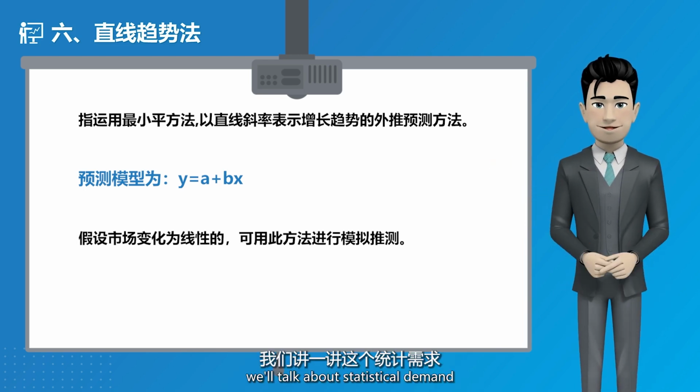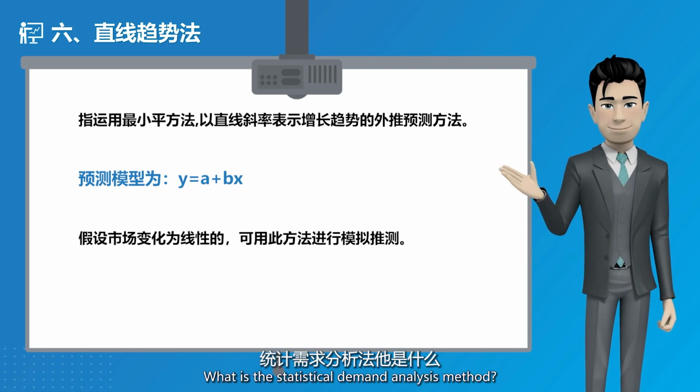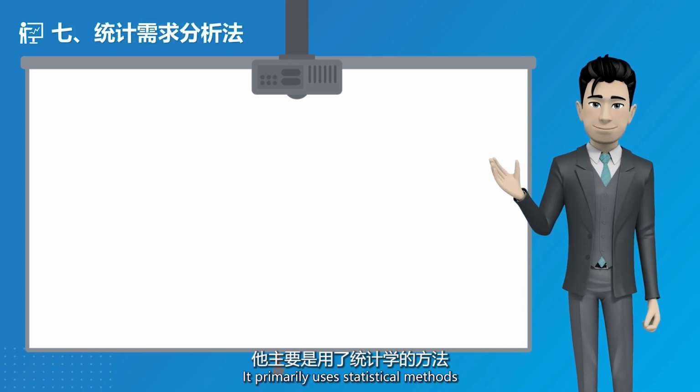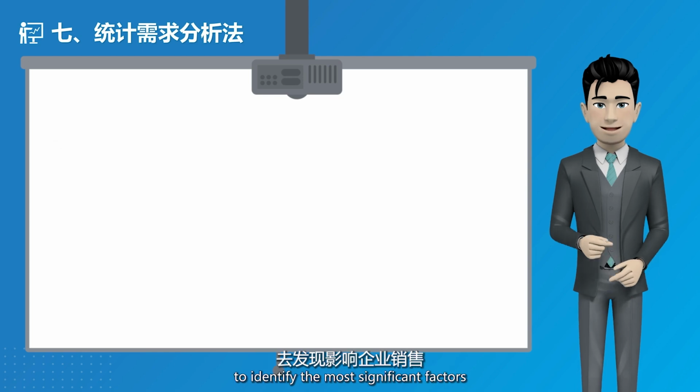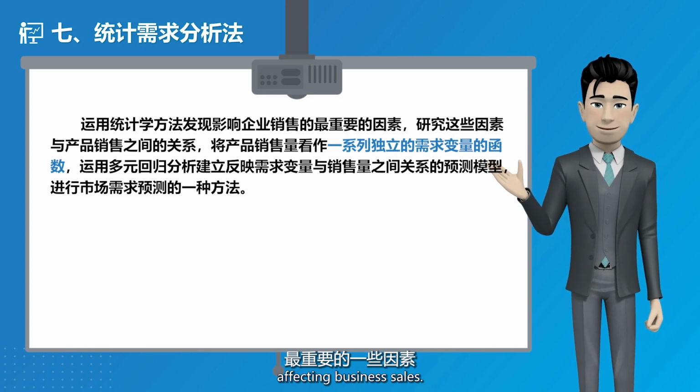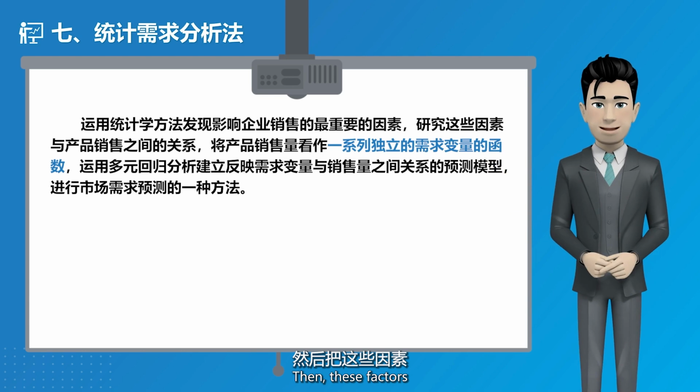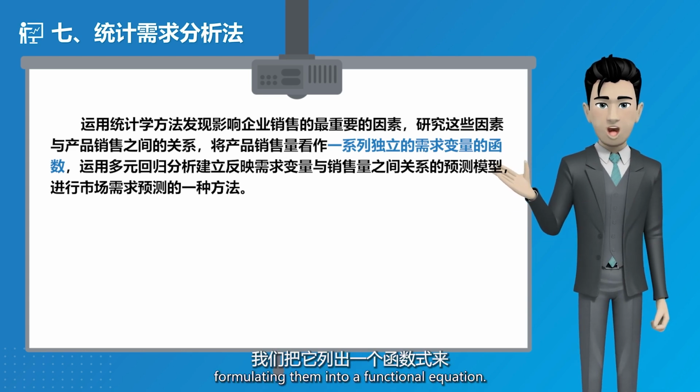Lastly, we'll talk about the statistical demand analysis method. What is the statistical demand analysis method? It primarily uses statistical methods to identify the most significant factors affecting business sales. Then, these factors are treated as a functional relationship, formulating them into a functional equation.